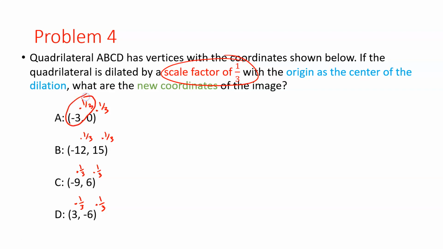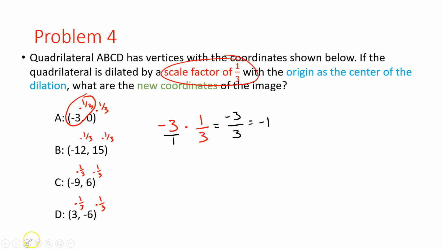Okay, so I'll show my work for this first one here. What is -3 times 1/3? Well, how do you multiply a whole number times a fraction? That's -3 over 1. You multiply across the top. That's -3 times 1, which is -3. Across the bottom, 1 times 3 is 3. And then -3 divided by 3 gives you -1.